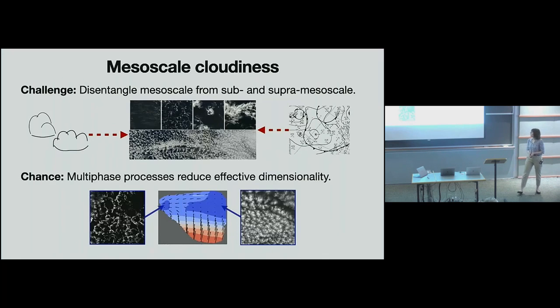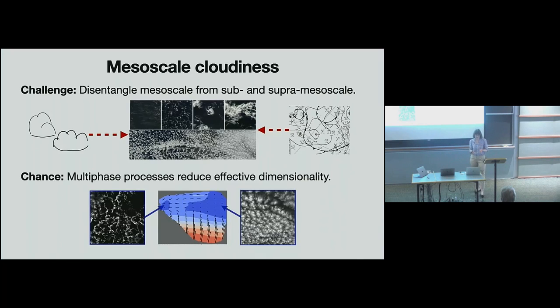So I talked about mesoscale cloudiness, this beautiful mesoscale cloud pattern, and I described that the challenge of these mesoscale clouds is really that we have a hard time modeling them because we cannot embed them in the whole range, the individual sub-mesoscale cloud scale and the large-scale drivers of the mesoscale cloudiness. So we kind of need to disentangle it from the sub and supra mesoscale.